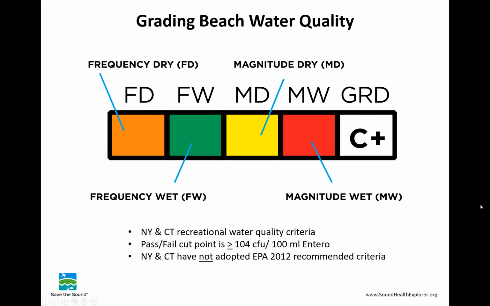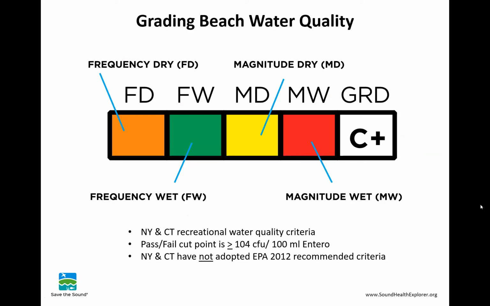So the grades. The first iteration of this website, we just looked at frequency of failure in wet and dry weather. When I say failure, we're talking about the Connecticut and New York State recreational water quality criteria, which, as I mentioned, is based on the concentration of enterococcus in the water. So there's a cut point at 104 colony forming units per 100 milliliters that the states follow.